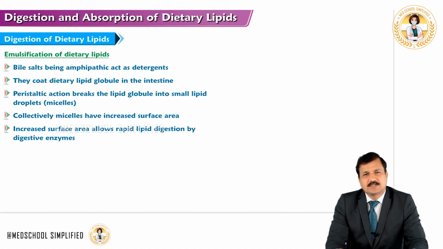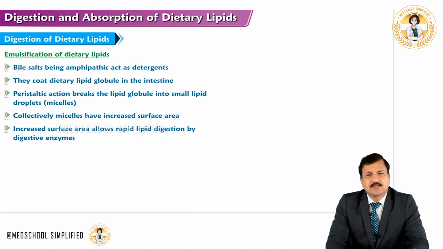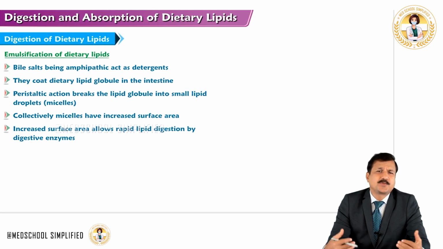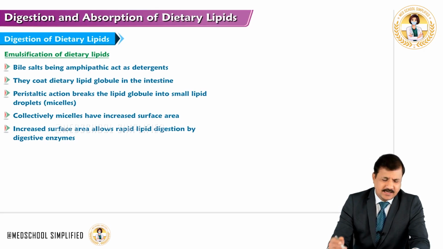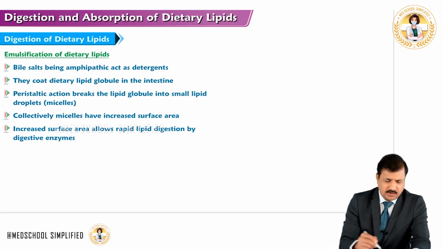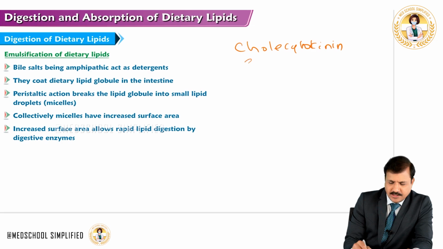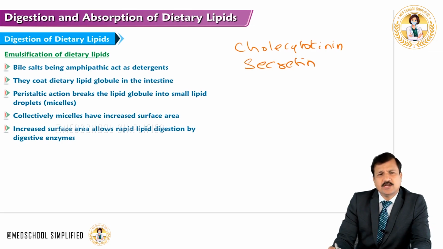Once a partially digested dietary lipid gets into the duodenum, the acidic content triggers the release of two hormones from the duodenal glands, cholecystokinin and secretin.